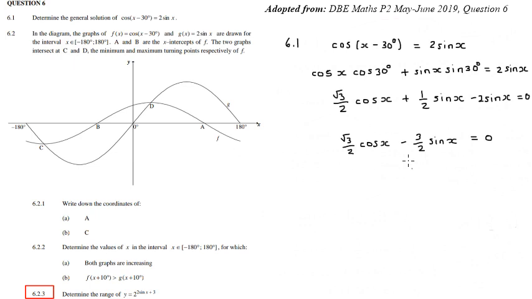What we can do is just set these two things equal to each other. So we have root 3/2 cos of x is equal to 3/2 sine of x. Then from there, we can use the strategy of a general solution where you have the same angles and some coefficients, and we're just going to divide both sides by the cos of x.